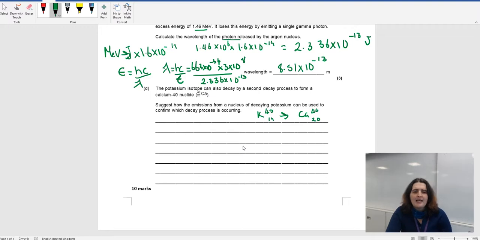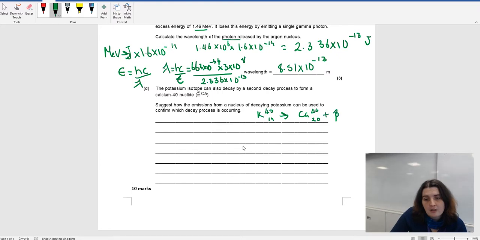So what's happening here is that my nucleon number is not changing, but my proton number is. So this must mean that a nucleon is changing to another nucleon, and specifically something is changing to a proton. So it must be a neutron changing to a proton, which of course is beta decay.